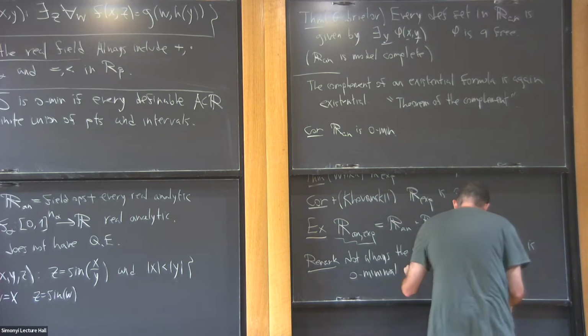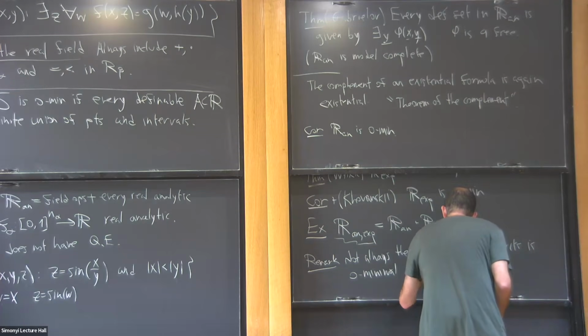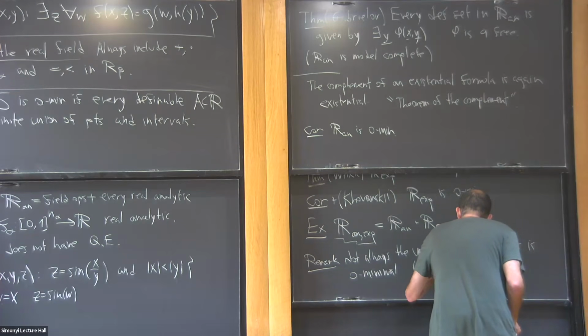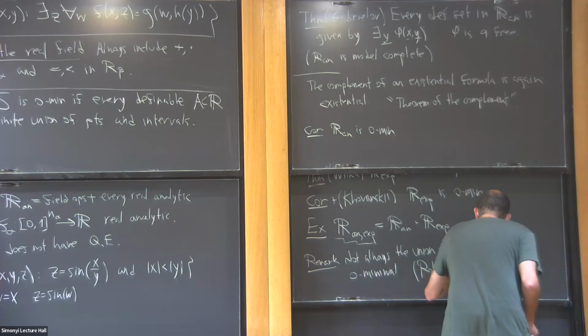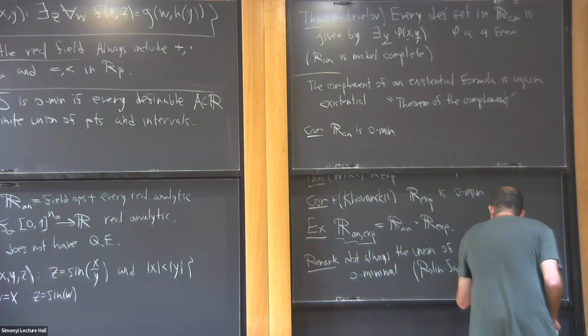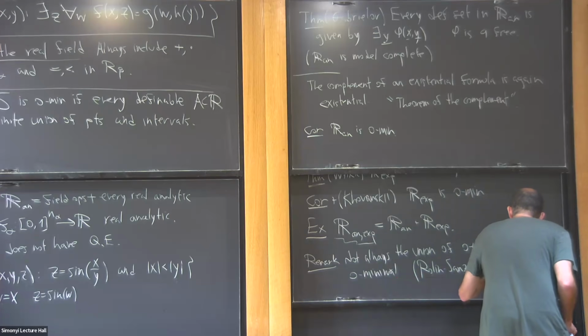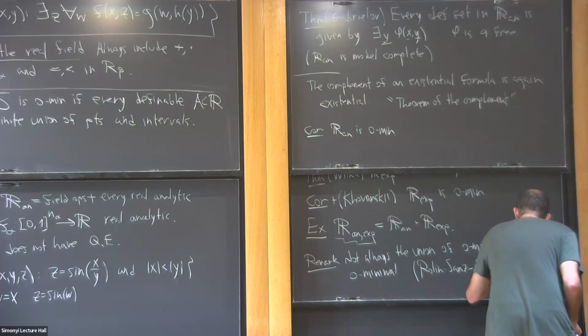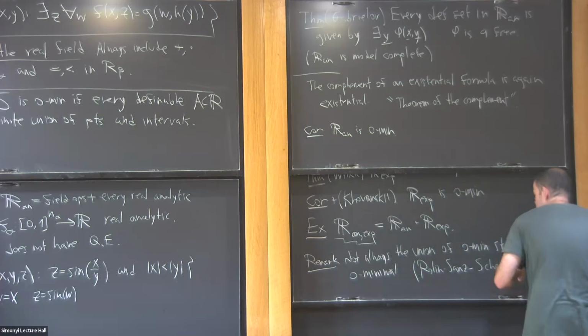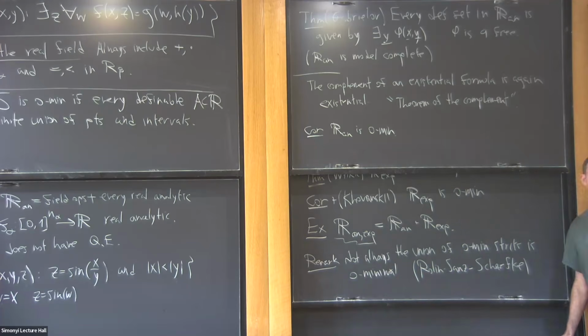I think the first examples are by Rolin, Sanz, and Schäfke. They produce a very nice example of a differential equation, simply a vector field in R^4 or R^5, where it has these trajectories that are not oscillating.